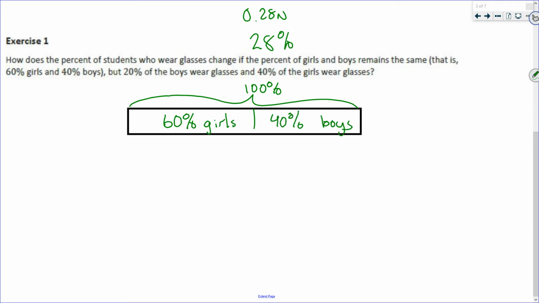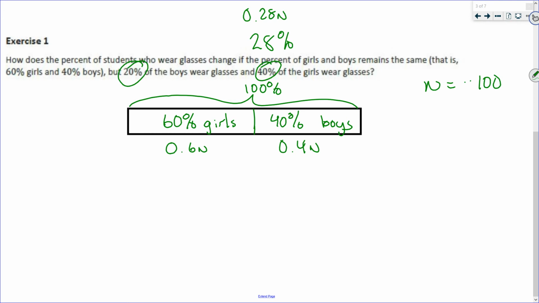Now I need to represent these numbers as decimals. Well, 60% can be represented by 0.6, and we're going to multiply it by n. Remember, n is multiplied by 100, so we're going to say n represents 100. So 40% is going to be 0.4n. Now, what's changed? Well, this time it's 20% of the boys that wear glasses and 40% of the girls that wear glasses.